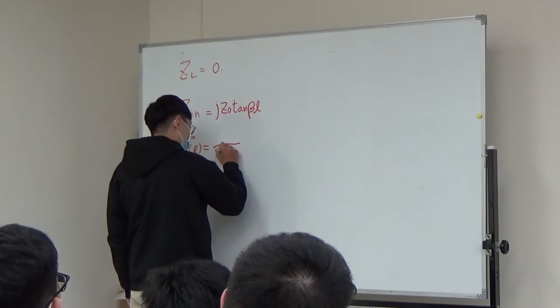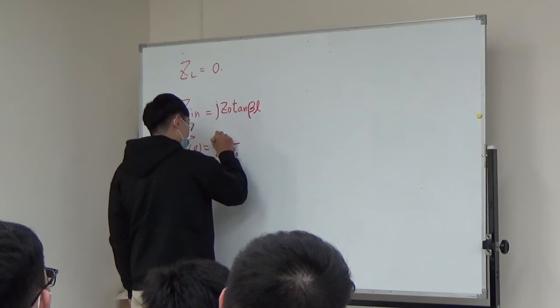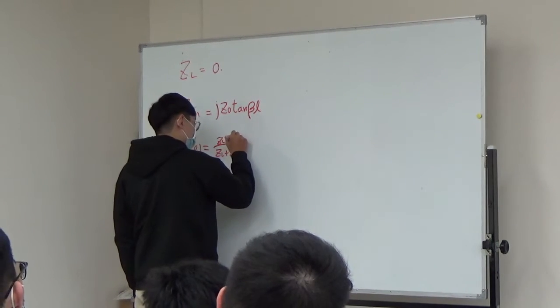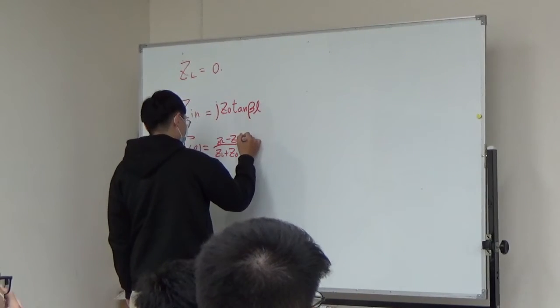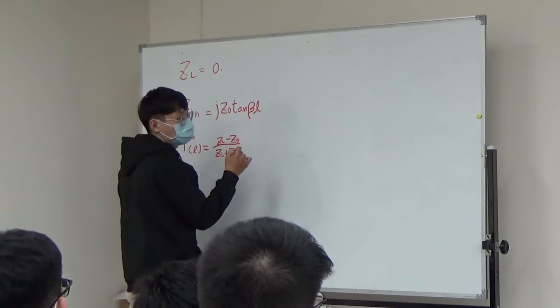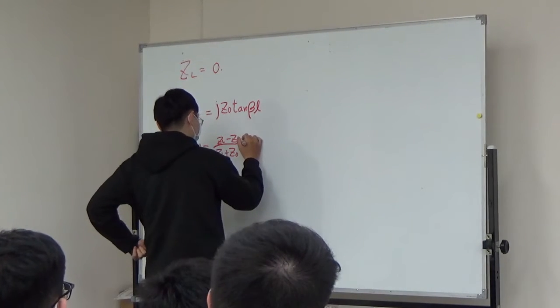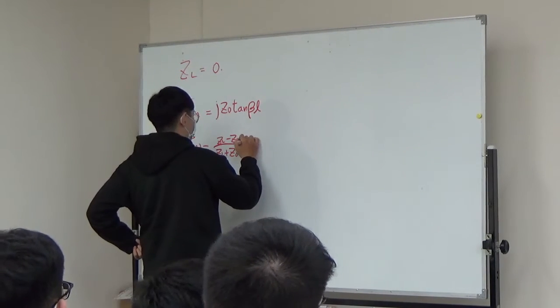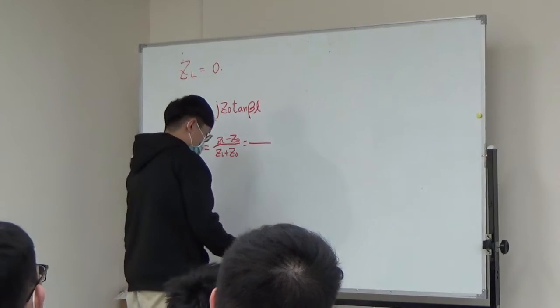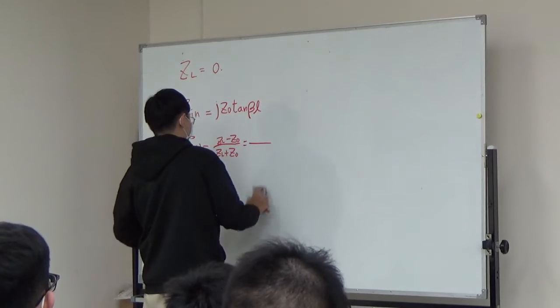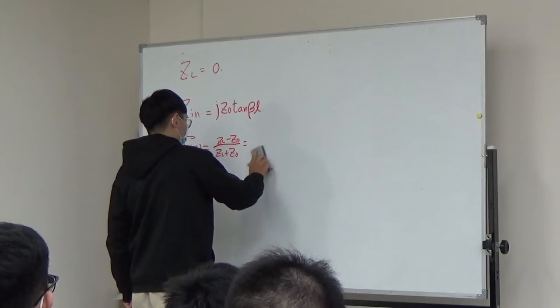It's ZL minus Z0 over ZL plus Z0, right? What is the reflection coefficient at this point? Why? No. Do you want to try more?